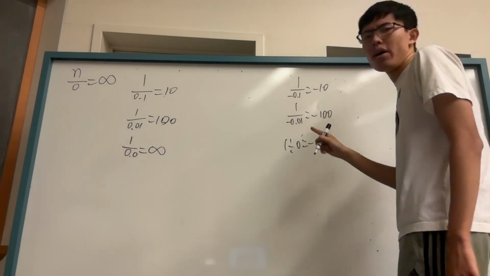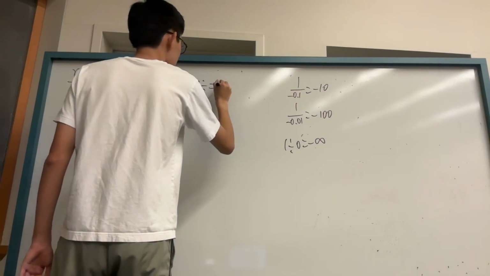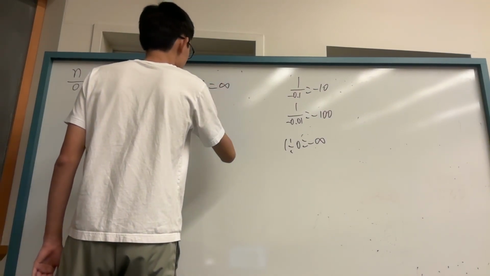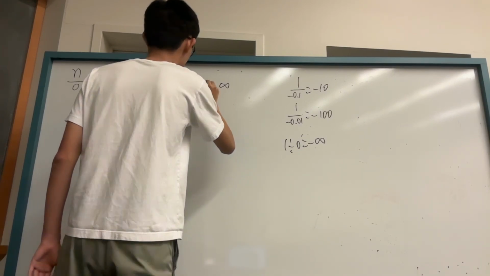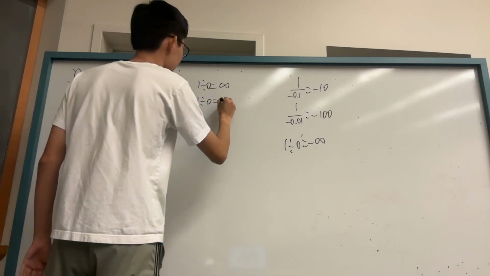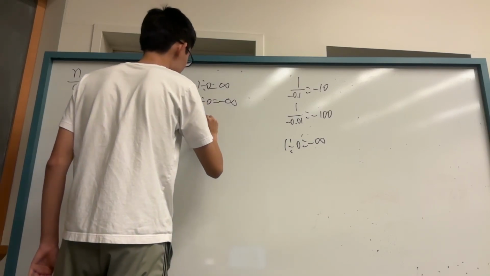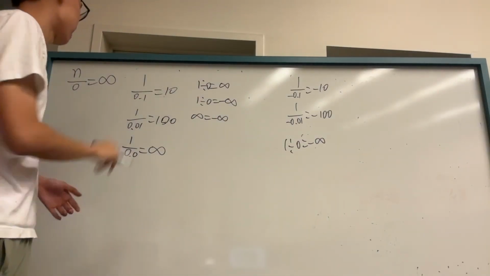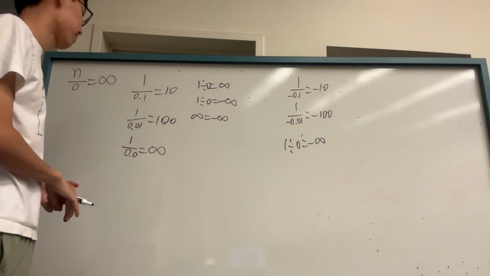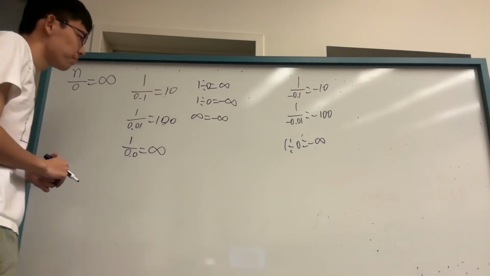So if we say 1 divided by 0 equals infinity and 1 divided by 0 equals negative infinity, positive and negative infinity should be equal. But they are obviously not equal. I'm going to tell you why, and this is why you cannot divide by 0.